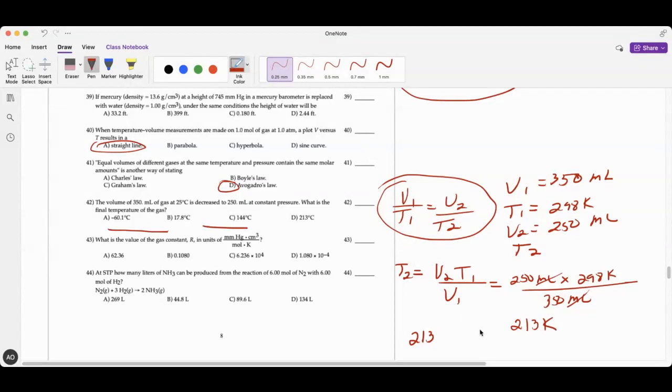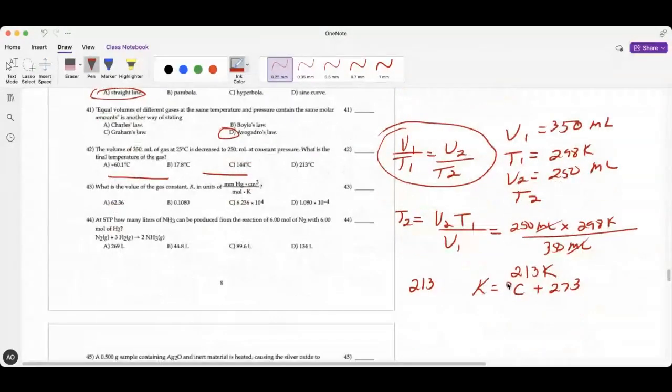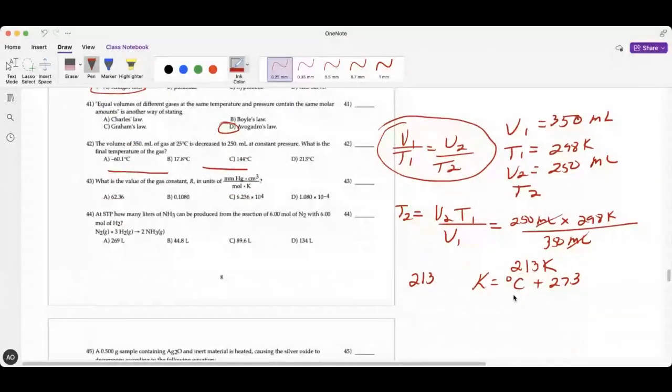Well, Kelvin is degrees Celsius plus 273, so 213 minus 273 would give us the degrees Celsius.